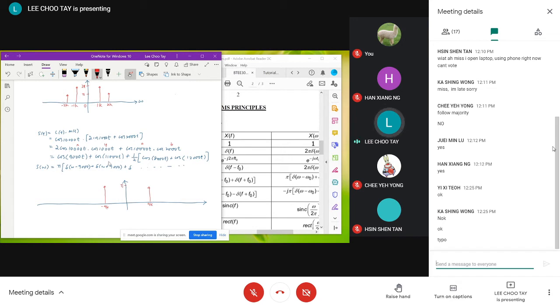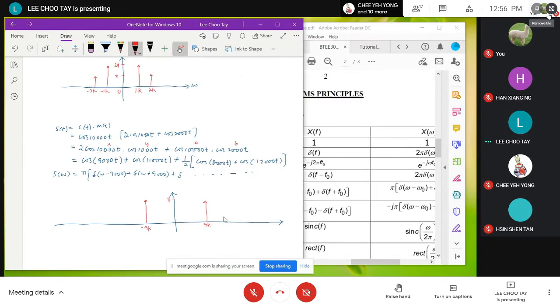Then for 11,000, I'm going to have one at 11K, amplitude the same, and another one at minus 11K. And then for 8,000, I'm going to have one at 8K.